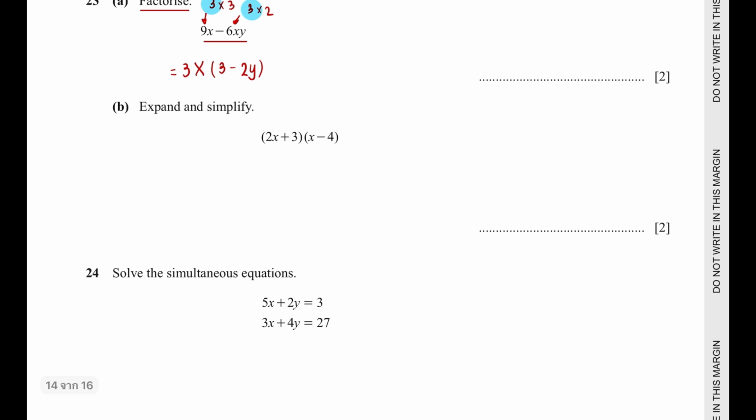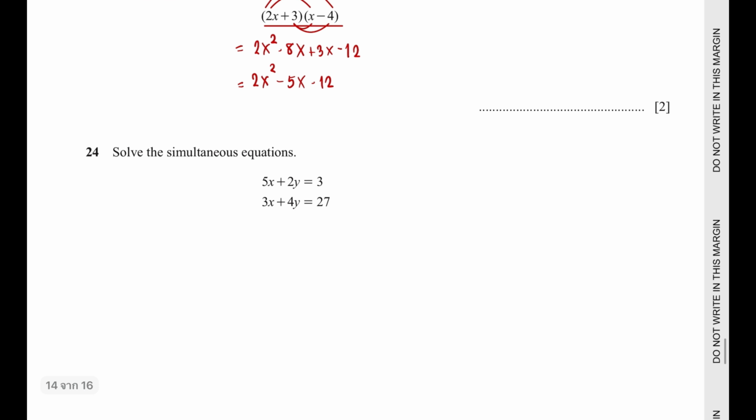Question B. Expand and simplify 2x plus 3 times x minus 4. So 2x times x equals 2x squared. 2x times negative 4 equals negative 8x. 3 times x is 3x, and 3 times negative 4 equals negative 12. And then we will have 2x squared minus 5x minus 12.